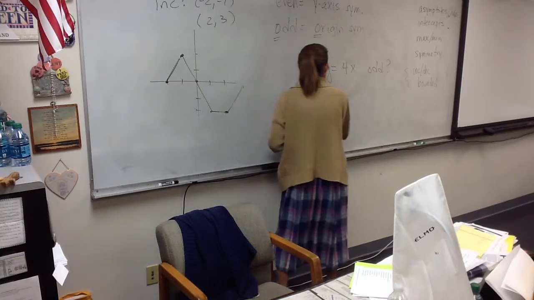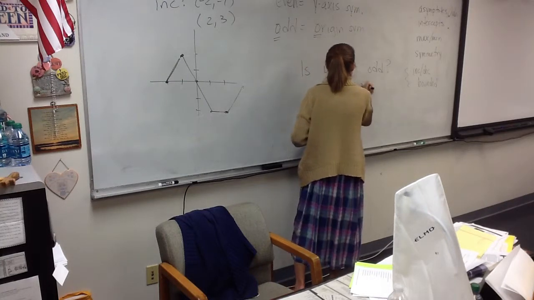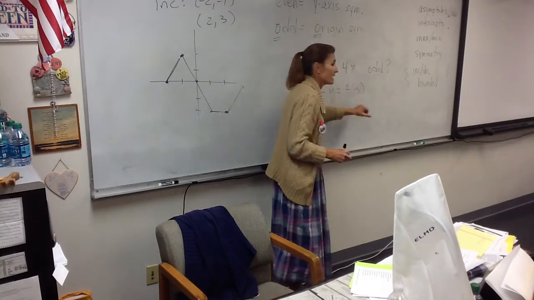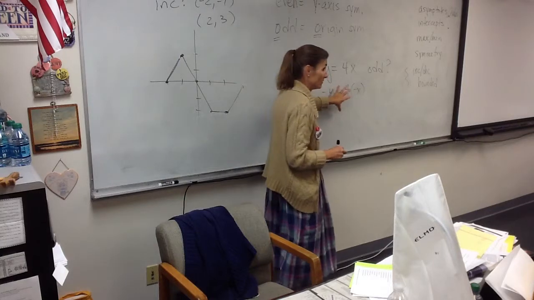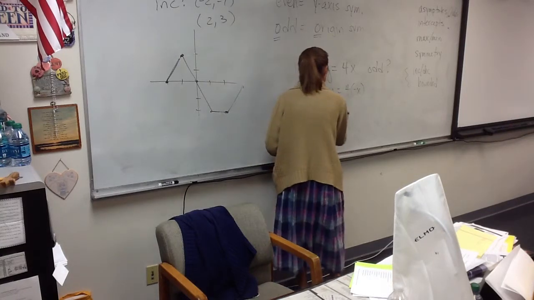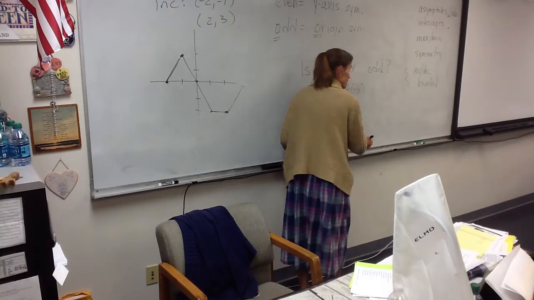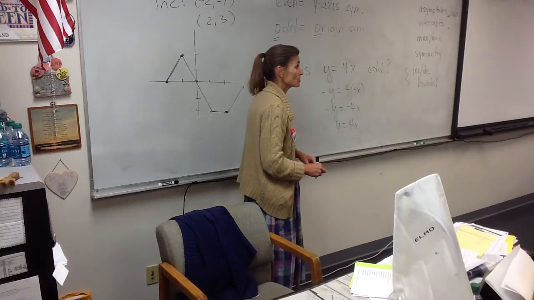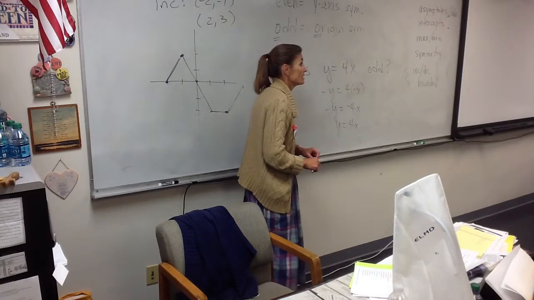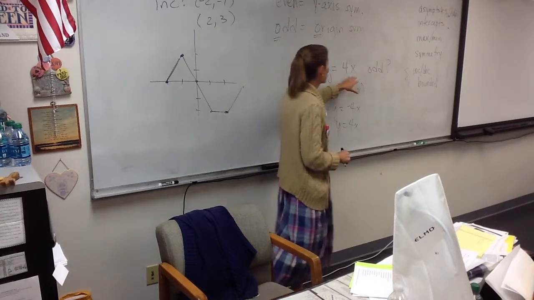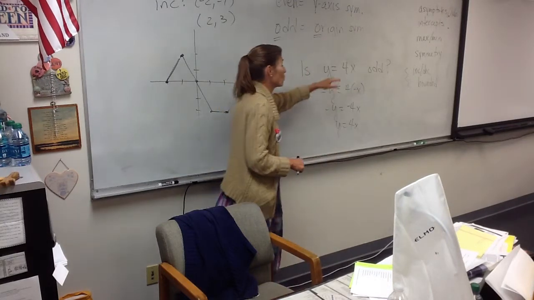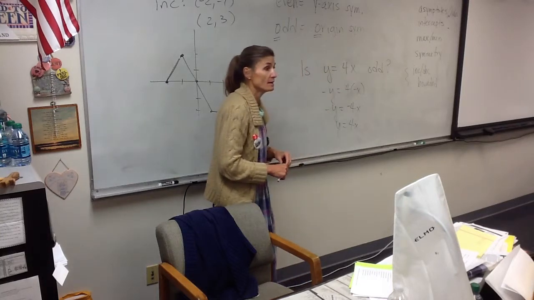Make both negative. So if I made my y negative and my x negative, and then simplified, do I end up with the original equation? So the answer to the question is yes, it is odd. It has symmetry about the origin, so therefore this is considered an odd function.